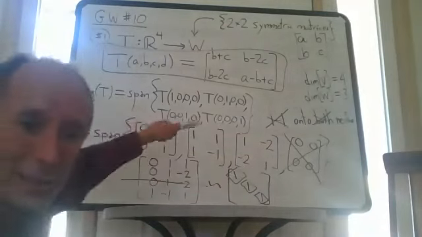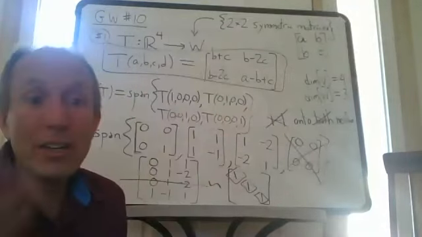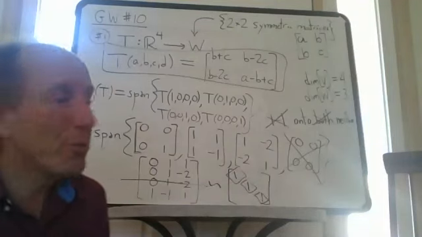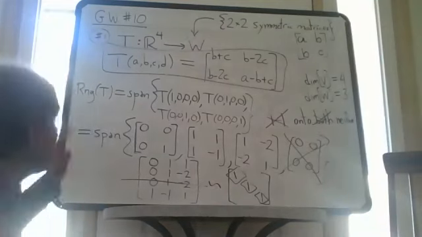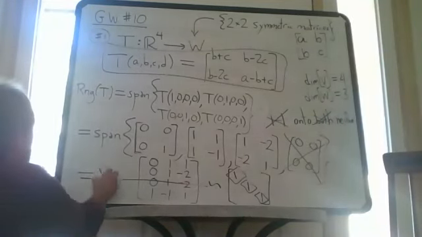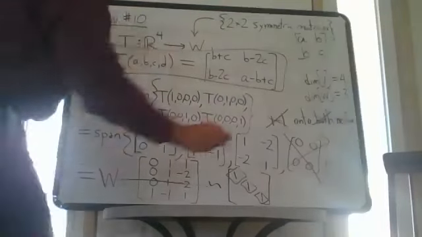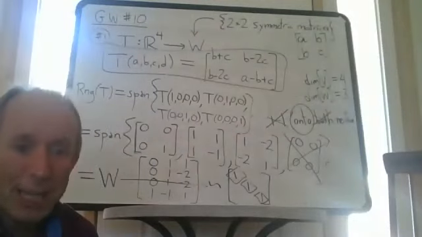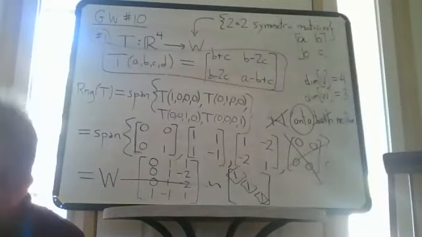Three linearly independent vectors. They're going to span a full three-dimensional space. So the range of T in this case is going to equal W. And that means that we do in fact have an onto transformation. Okay?